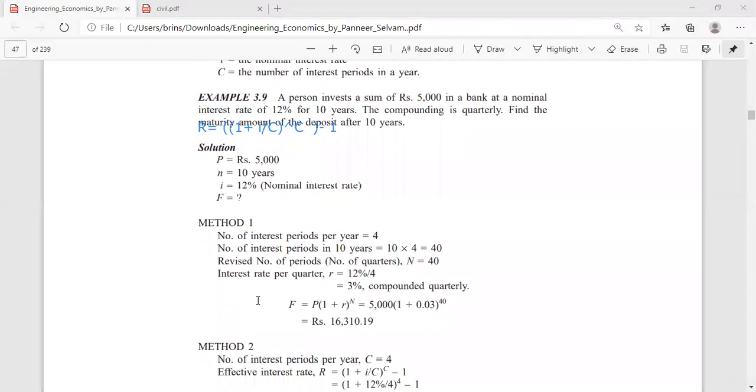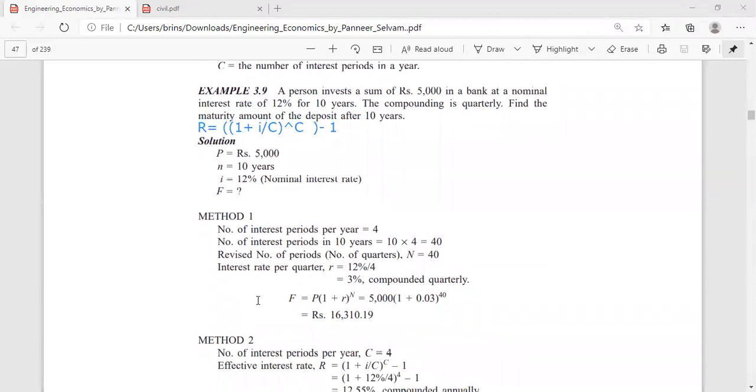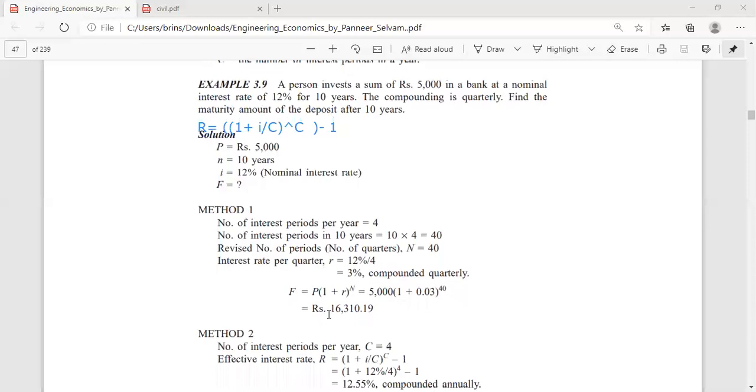So with this, first you can find it. Simply what you can do is use the future sum. Future sum means the time value of money.